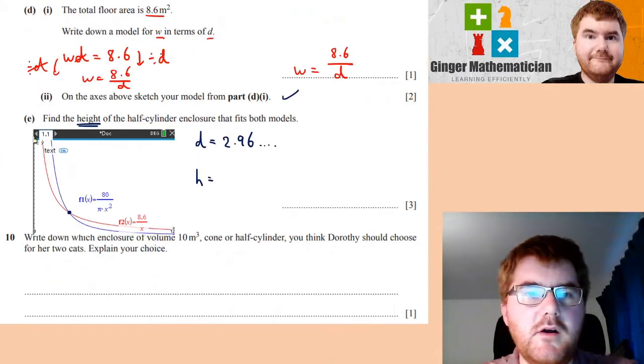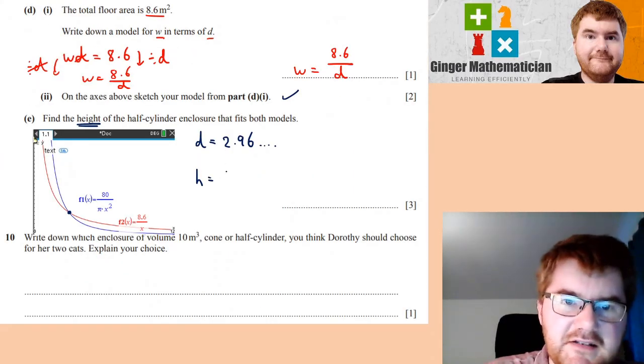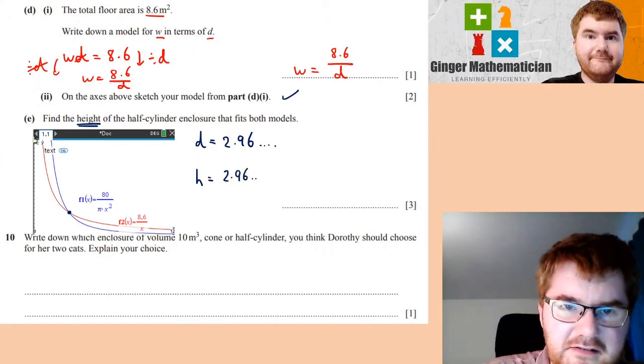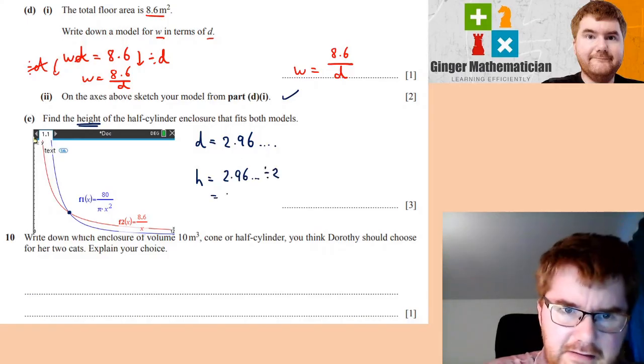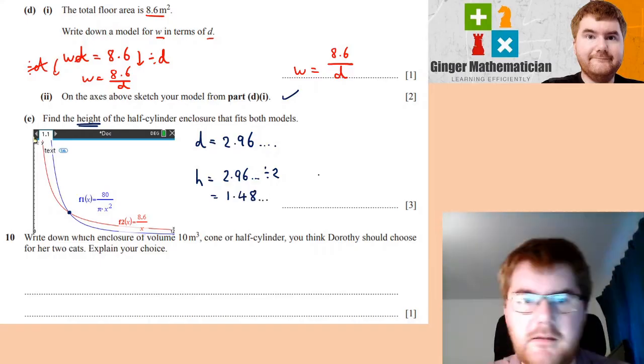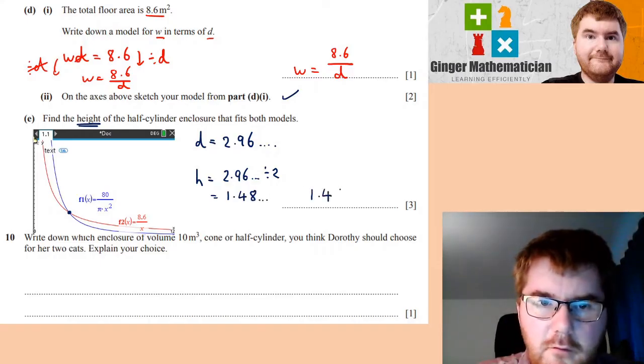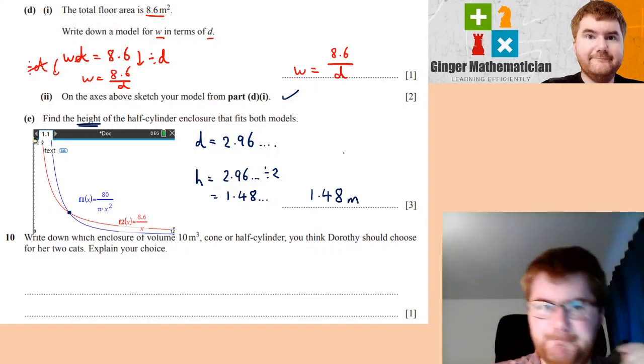So the way we work out the actual height is we just take that answer 2.96 and divide by 2. You can obviously do this on the calculator and you'll get 1.48.